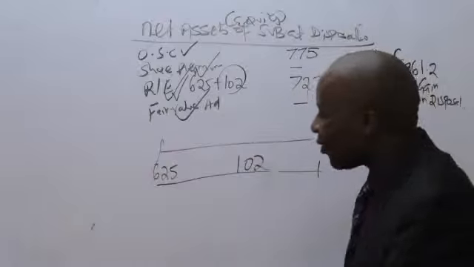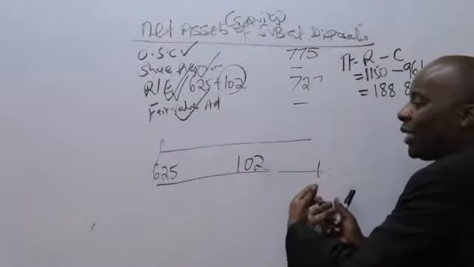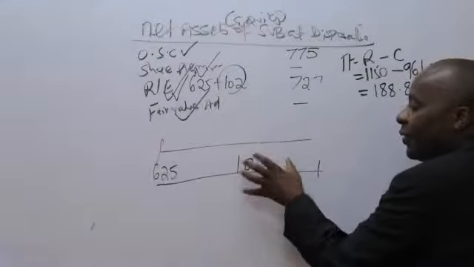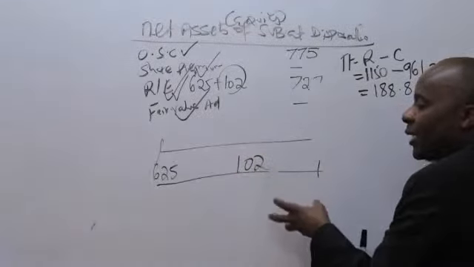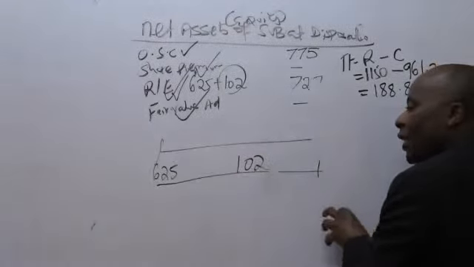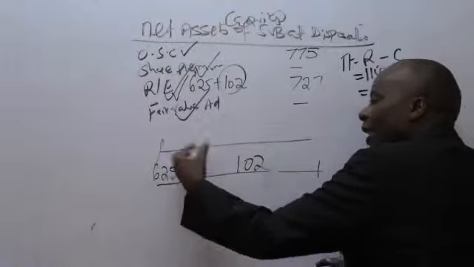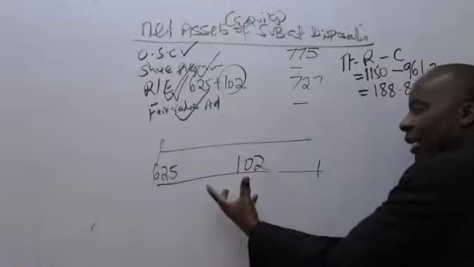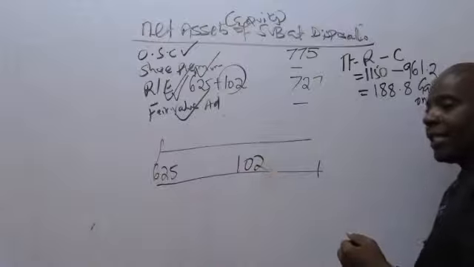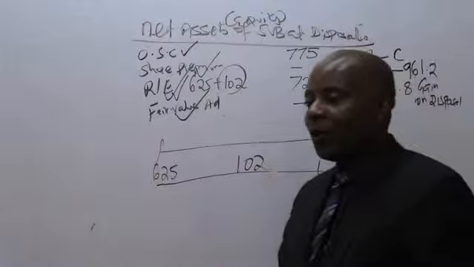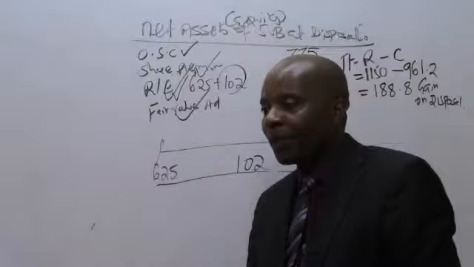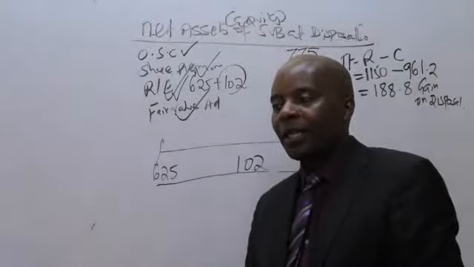So by the end of the year, what will be the total retained earnings? Remember, these guys never paid any dividend. So at the end of the year, it will be 625 that it came with, plus the 102 which has been retained to become part of that. So I don't know whether, Mary, we are together there.